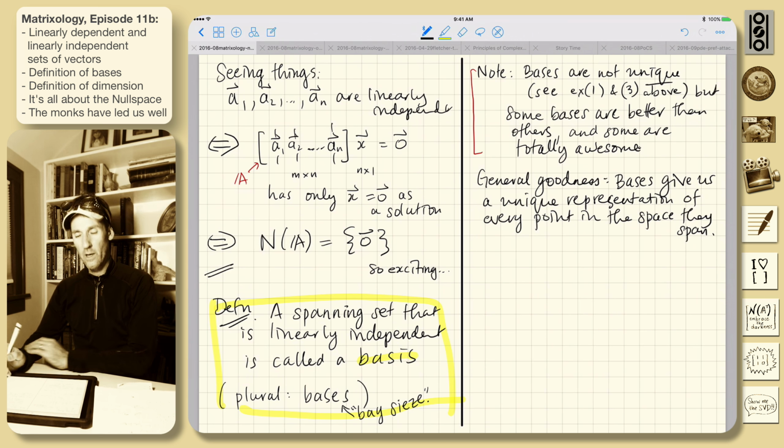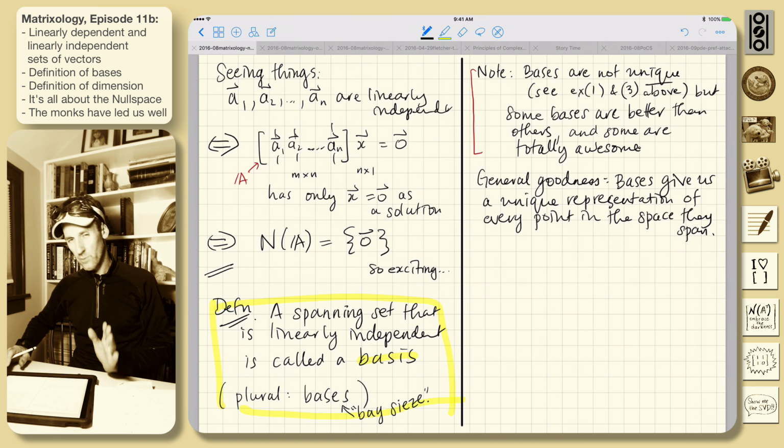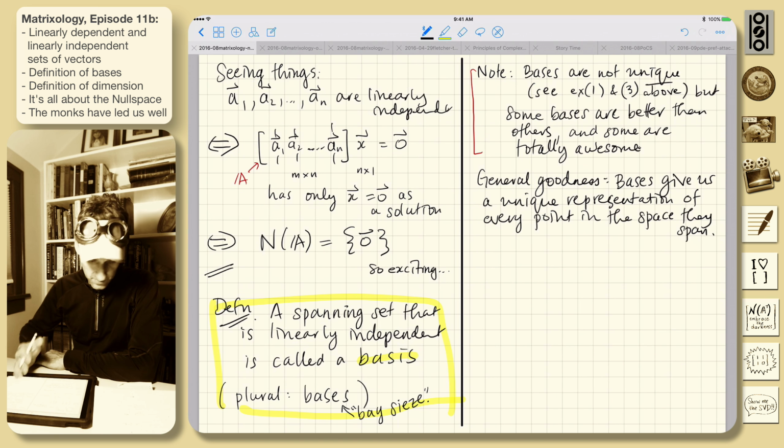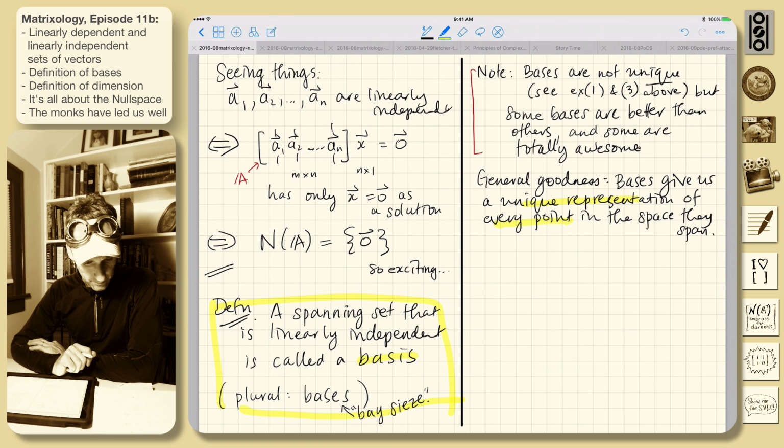Right, so that's useful. It is useful to have redundancy as well, so that's fine. But this is a good thing. So unique representation of every point.